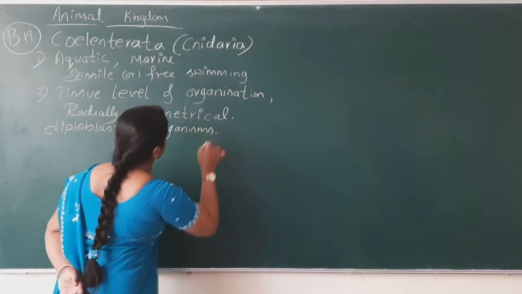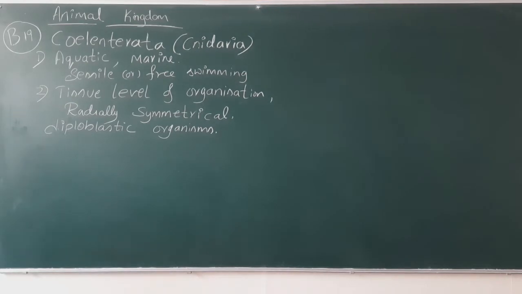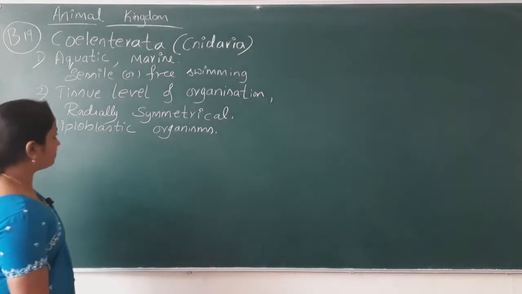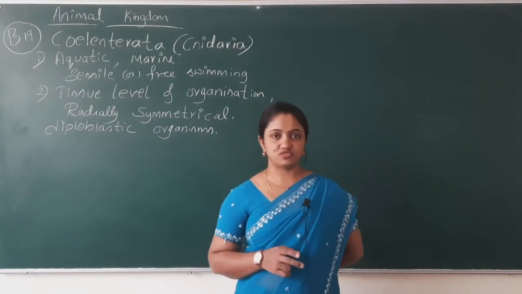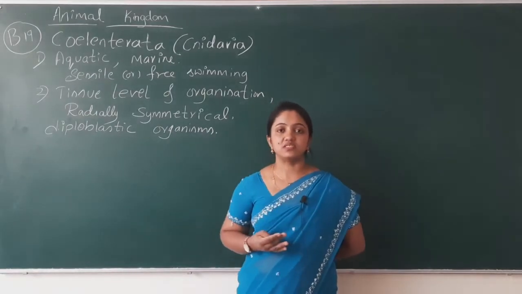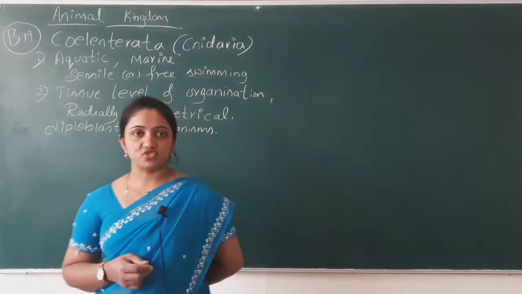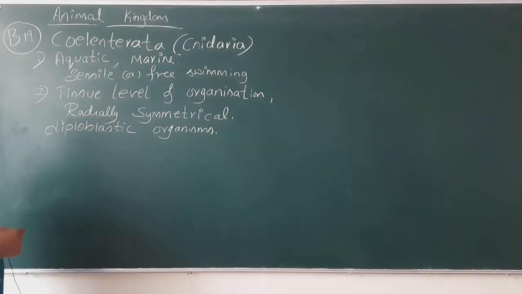Now, what do you mean by tissue level of organization? Tissue level of organization means the body is made of only some types of tissues. They do not have particular organs or organ systems. So that's why we call it tissue level of organization.